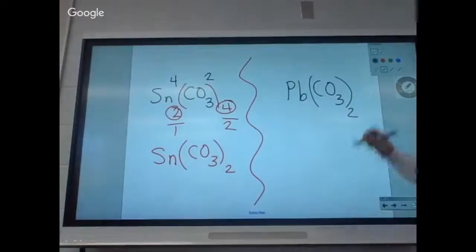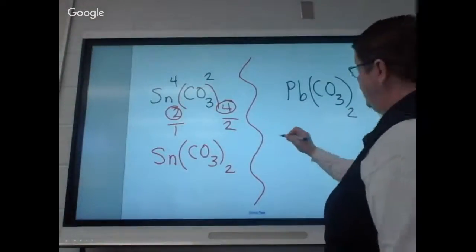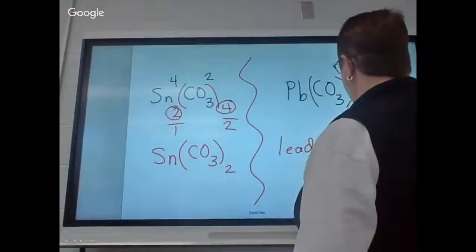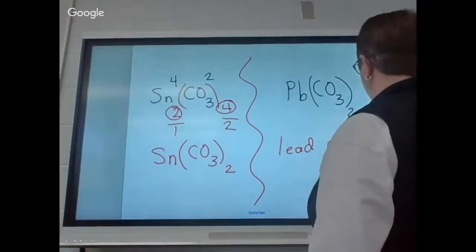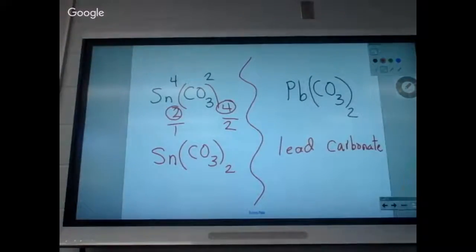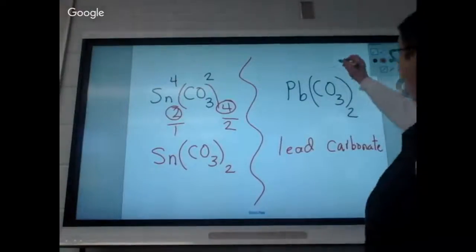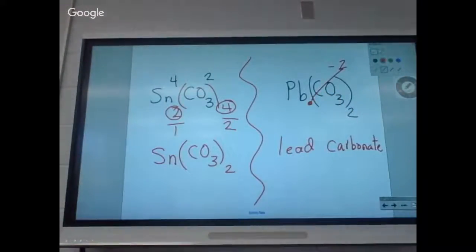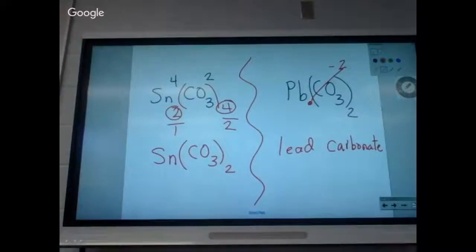You know that this is lead. You know CO3 is carbonate. Look up carbonate's oxidation number on your sheet. It's a -2. It's supposed to be right there, but that 2's not right there. So what does that tell you happened?